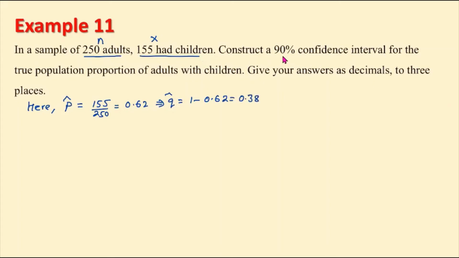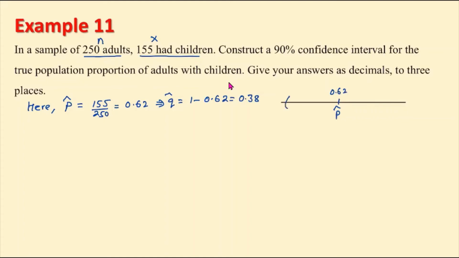Now we are asked to construct a 90% confidence interval for the true proportion of adults with children. To construct the confidence interval, in the middle we have the point estimate, in this case p hat, which is 0.62.